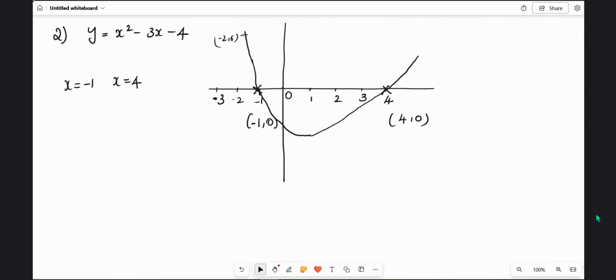Now consider example 1, on page number 17 in your book. The first one, can you see the graph? How many zeros are there? 1 zero is there.